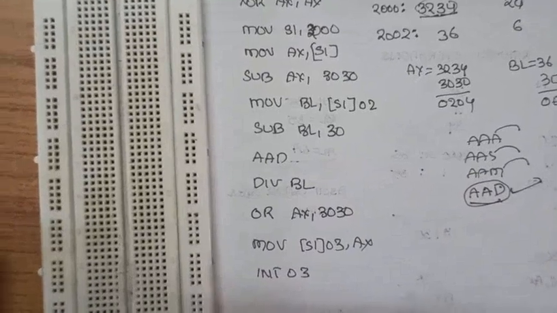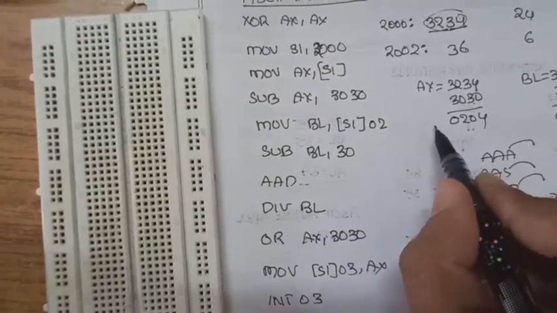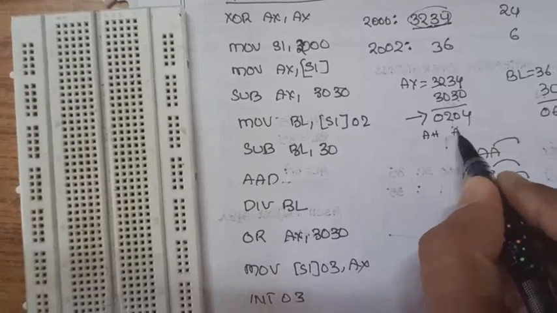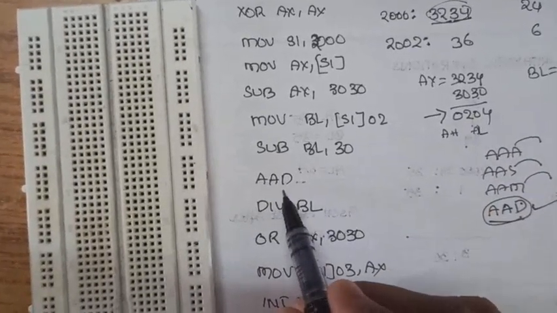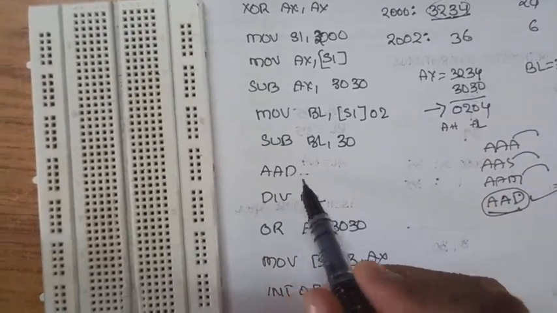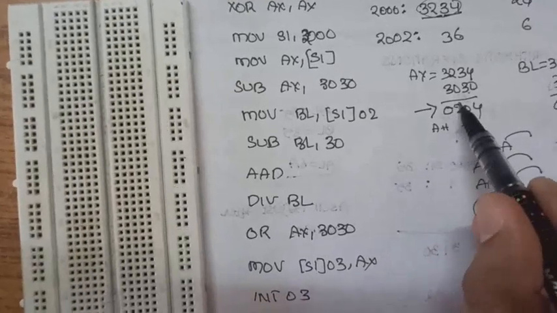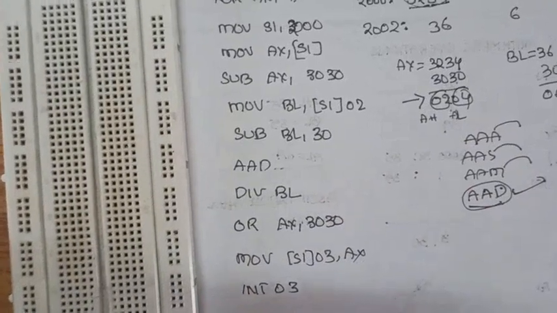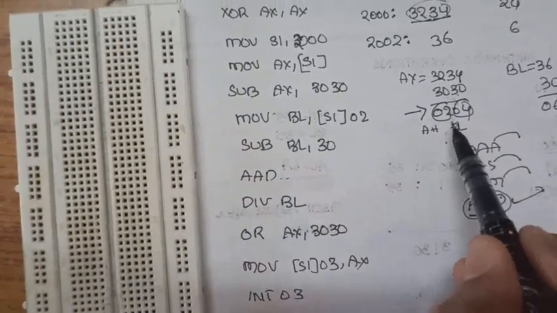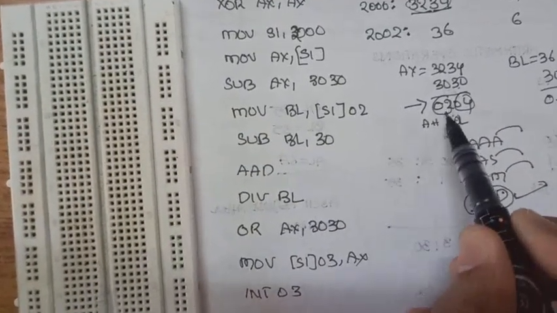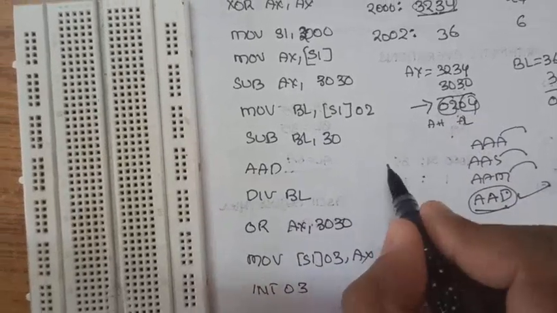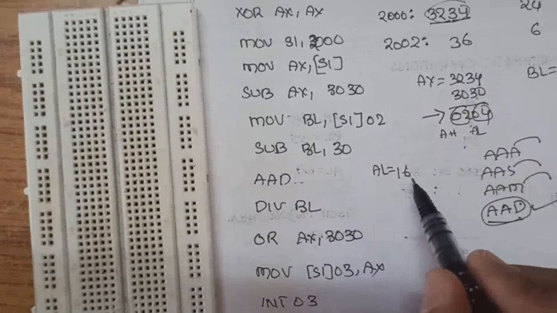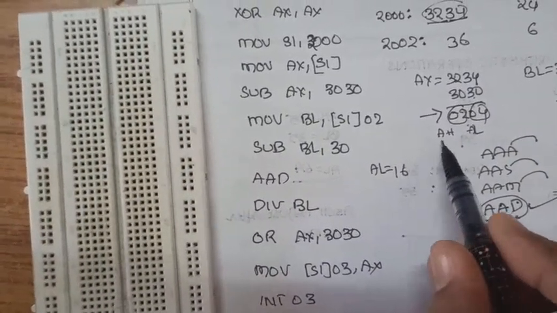What it actually adjusts: now the content of AX is 0204, this is AH and AL. The AAD instruction converts the unpacked data available in AH and AL into its equivalent binary number. For example, AAD converts this 0204 into 16 in AL, which is the hexadecimal equivalent of 24.